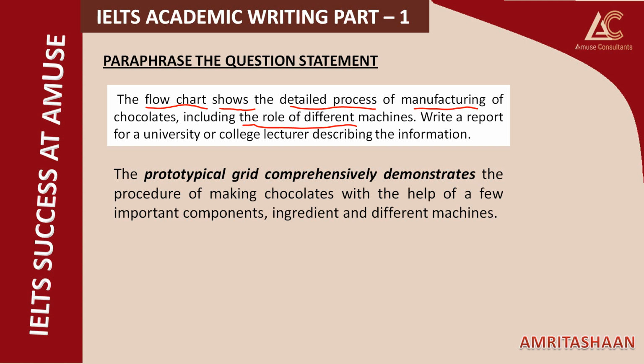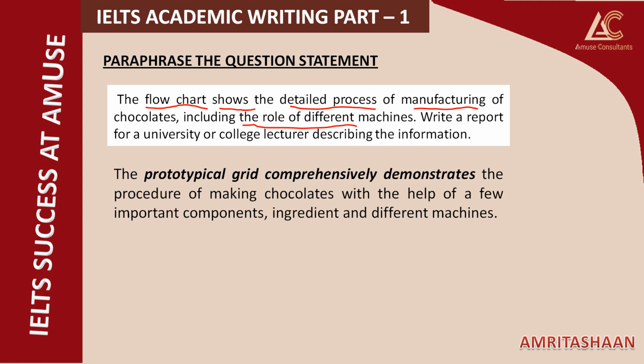So we have made the thing very clear here that the process will be completed with the help of some components, ingredients, and different machines. Prototypical grid means the exemplary chart that is given here.